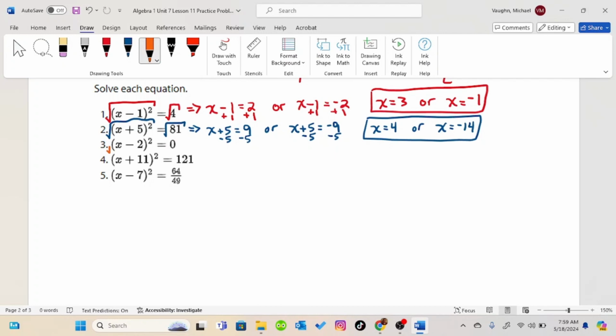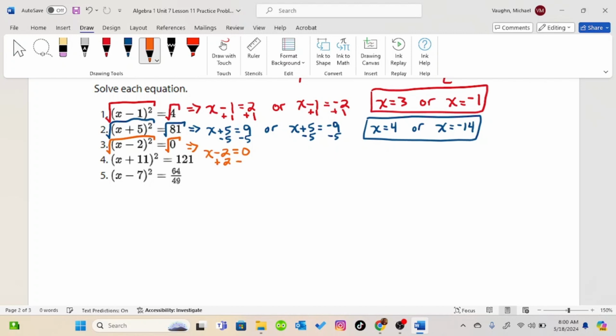Number 3, again, we'll take the square root of both sides. This time, we're left with x minus 2, but we only have one answer because the square root of 0 is just 0.